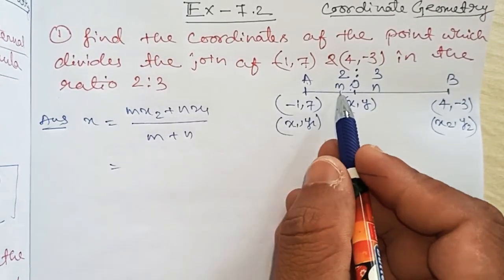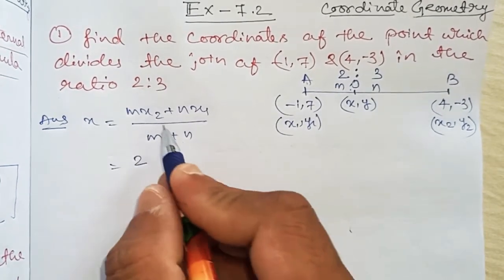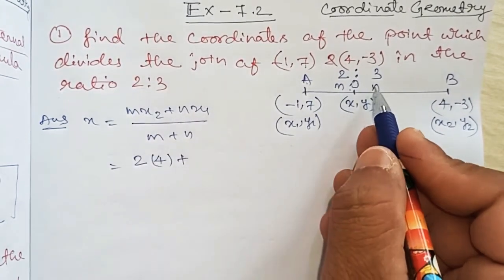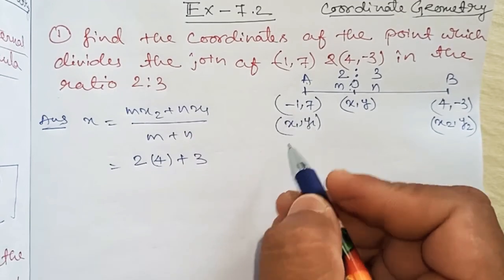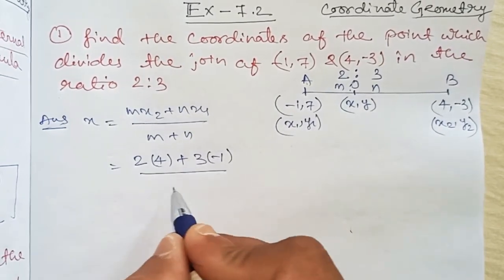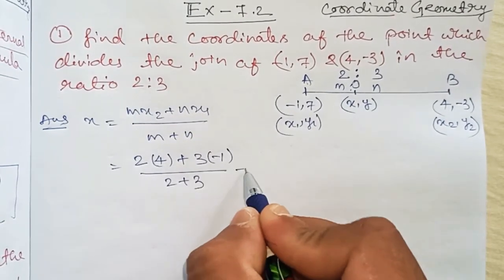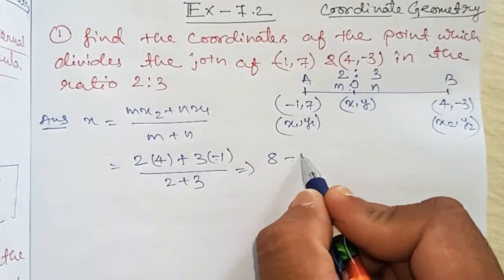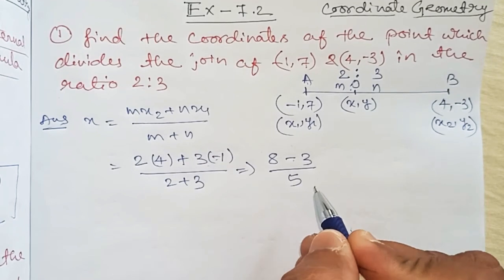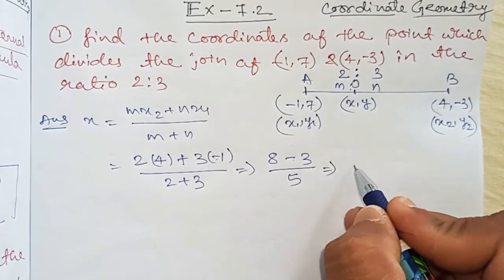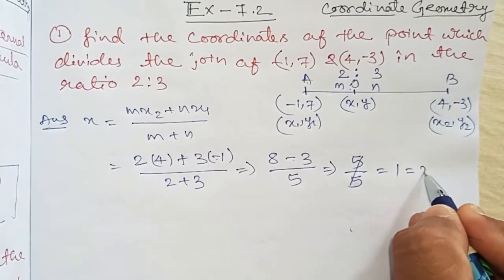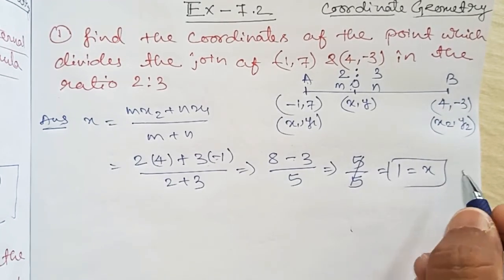What is the value of m? m equals 2, x2 is 4, so 2 into 4 plus n is 3, x1 is -1. Write inside the bracket, divided by 2 plus 3. 4 2s are 8, plus minus minus 3 1s are 3, 2 plus 3 is 5. 8 minus 3 is 5, 5 divided by 5 is 1. So the value of x is 1.